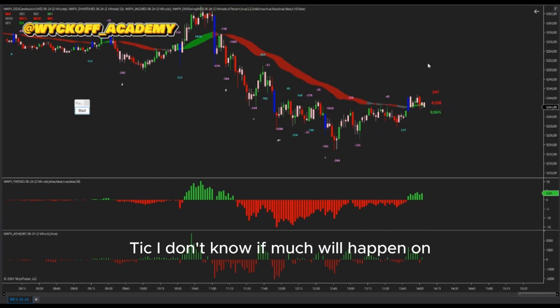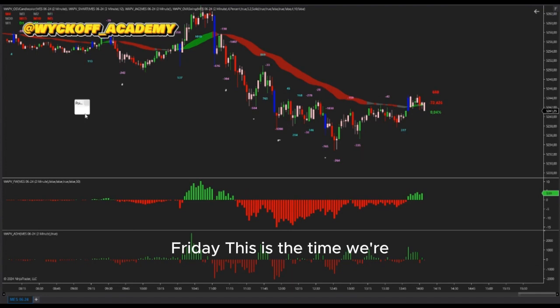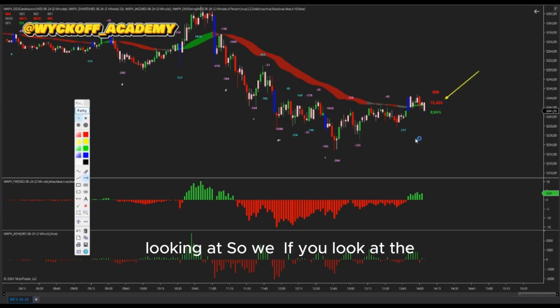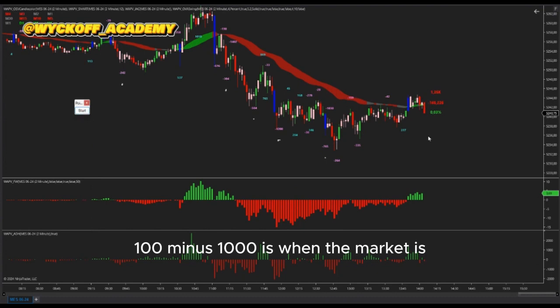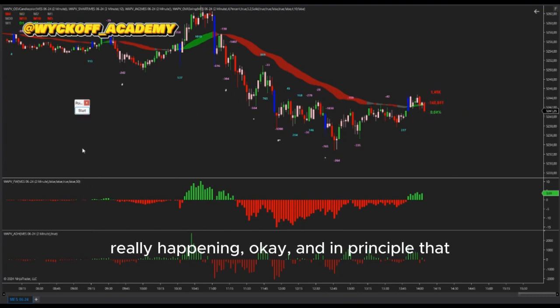I don't know if much will happen on Friday. This is the time we're looking at. So if you look at the continuity, you can see that the delta is little. Then you will see that it can vary. Okay, that is when the market is really happening. Okay, and in principle that is it.